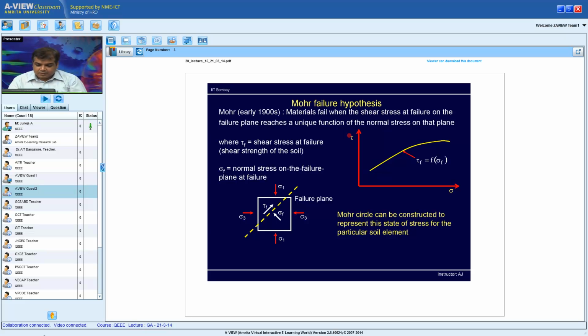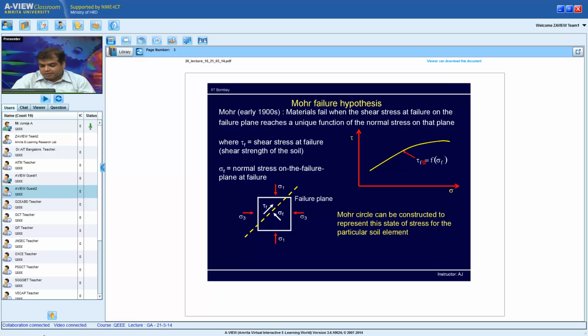Mohr-Coulomb, in fact, we look at Mohr first. What Mohr in the early 1900s stated was materials will fail when you reach a shear stress value. If you look at this figure, which is a plot of shear stress versus normal stress, what Mohr said was, if you reach a particular shear stress value which is a unique function of the normal stress, in other words, you are on this curve.